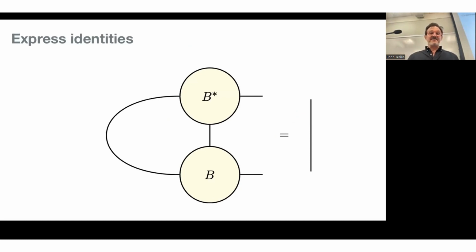So a picture like this, on the right-hand side, this vertical line represents just the identity. And here, I've drawn B and B star, its transpose, and I've written this equation. This equation wouldn't be true for any particular order 3 tensor, but it would indicate something about this tensor, that it's sort of unitary with respect to the left 2 indices, something like that.